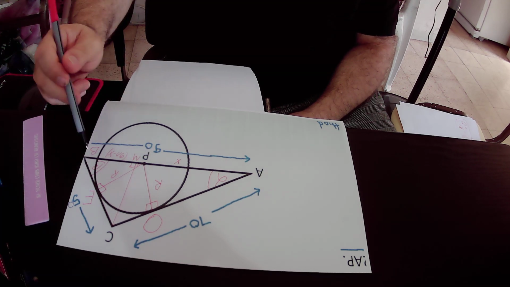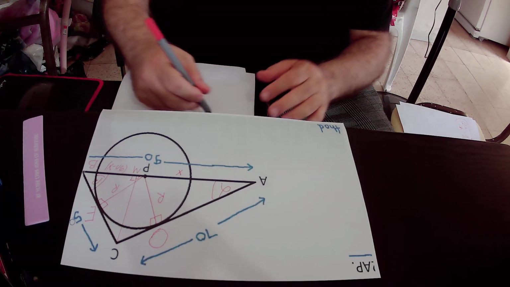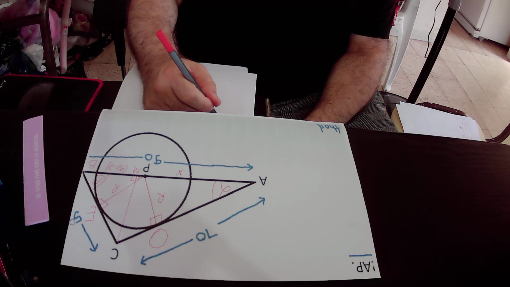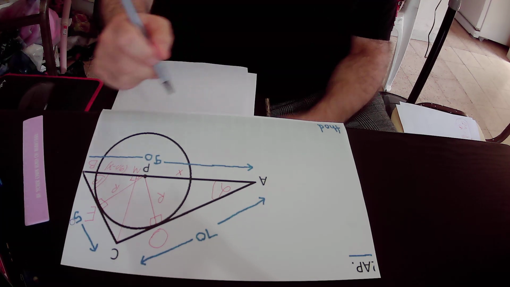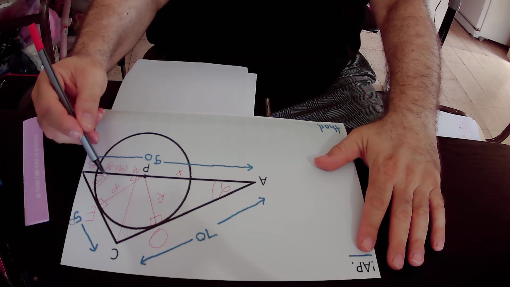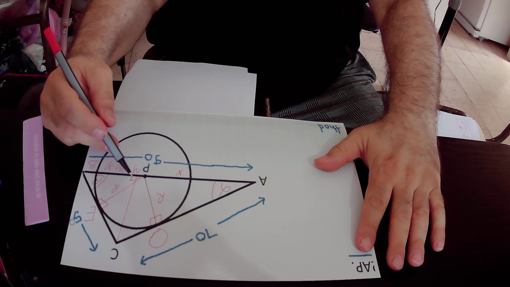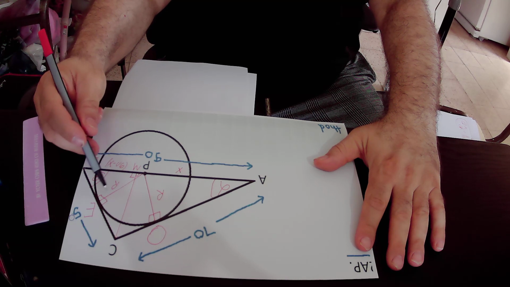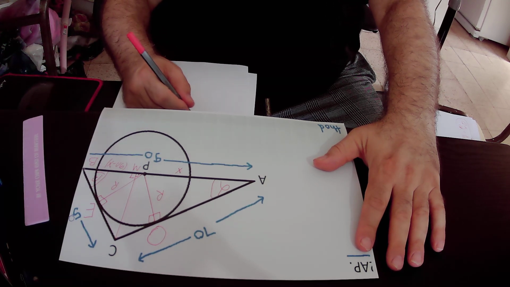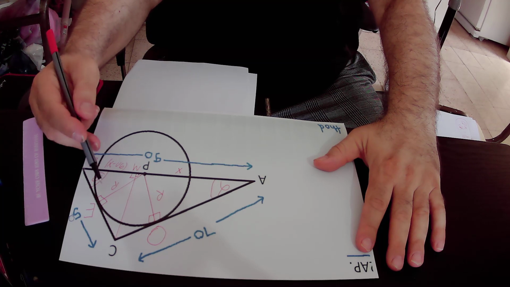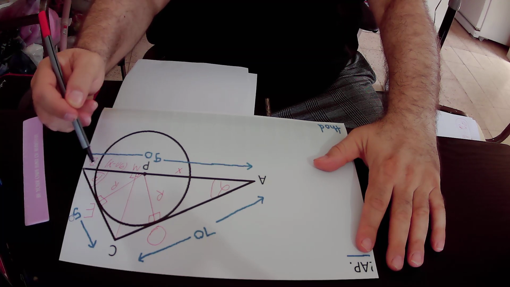In the right triangle EPB, sine beta equals the side that is in front of angle beta, which is EP, divided by the hypotenuse of the right triangle EPB.